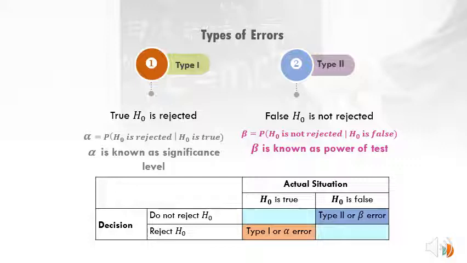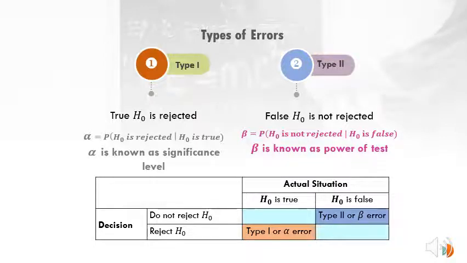It can be divided into two, where we have the actual situation and the decision that we're going to make. If the actual situation is H0 is true, and the decision is do not reject H0, then this is the correct decision. If the actual situation is H0 is true, and the decision is to reject H0, then this is a mistake.